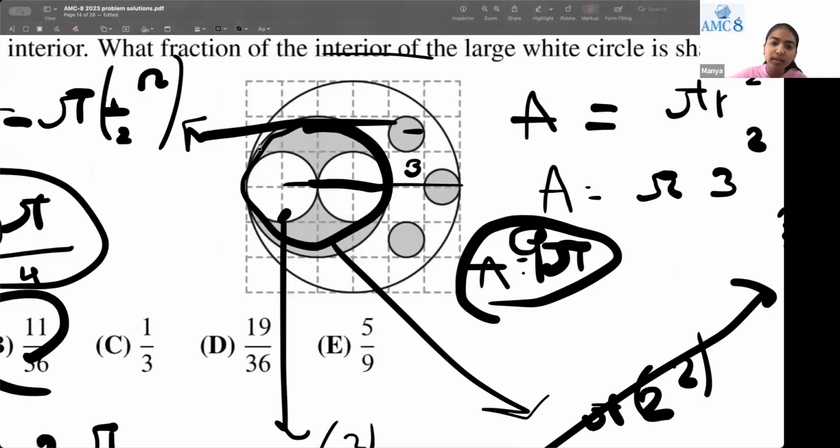Suppose that each of these is equal to 1 unit. So this is 1, 2, 3, 4, 5, 6, and 1, 2, 3, 4, 5, 6. So the area of the large white circle is equal to 36. Okay, just assume. This is not correct because we're not calculating anything, we're just counting.